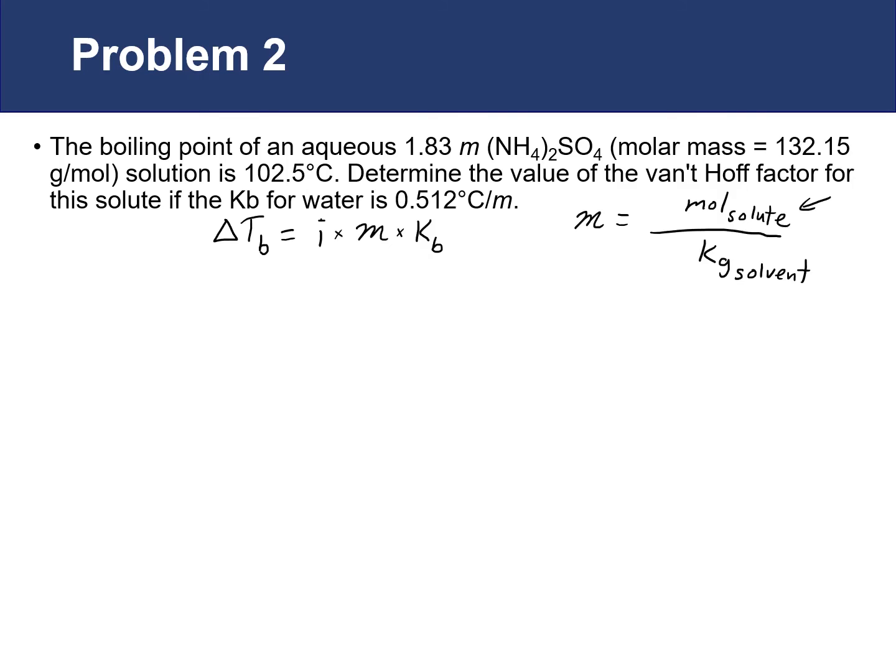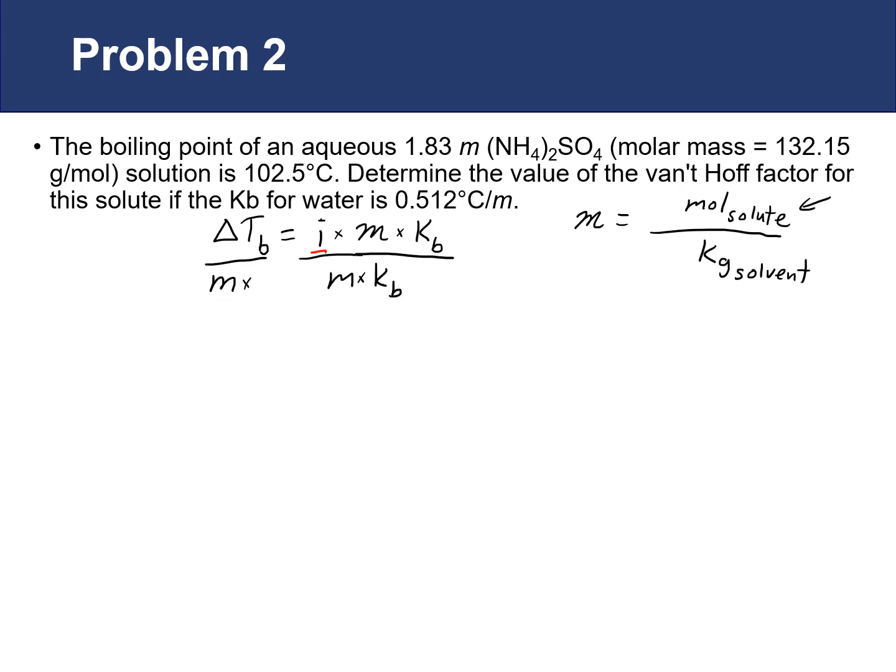So we can just take our equation here, and what we're after is the Van Hoff factor. So we want to solve for i. We can just take this equation, divide both sides by m times our Kb.